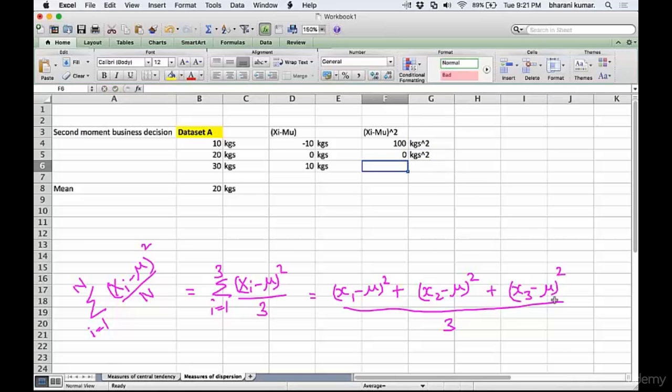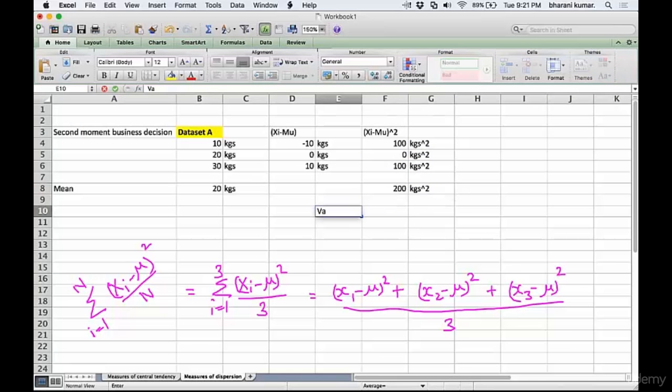And then you have x3 minus mu whole square. So it is x3 minus mu is 10. 10 square is 100. You get kg square once again. Now, we need to take a summation of all these three values. If you take summation of all these three values, you get 200. Units is important, kgs square.